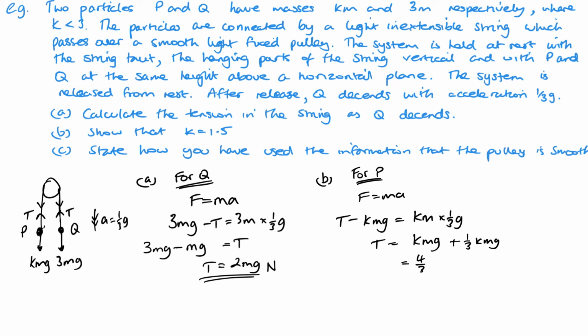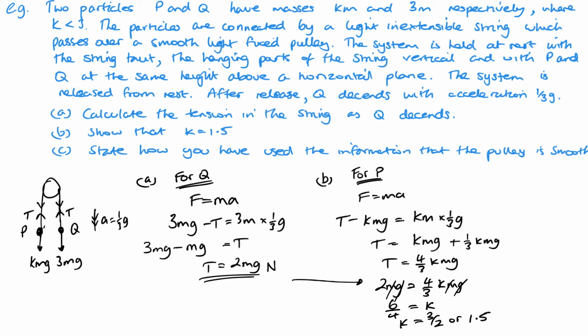So this is going to be 4/3 Kmg for T. Now, we already know from over here what T is. T is 2mg. So let's substitute that in, and we get 2mg equals 4/3 Kmg. The m's will cancel, the g's will cancel. Multiply by 3, divide by 4. So it's 6/4. So K is equal to 3/2, or 1.5 as required.